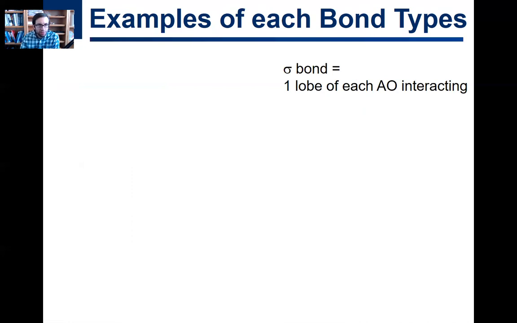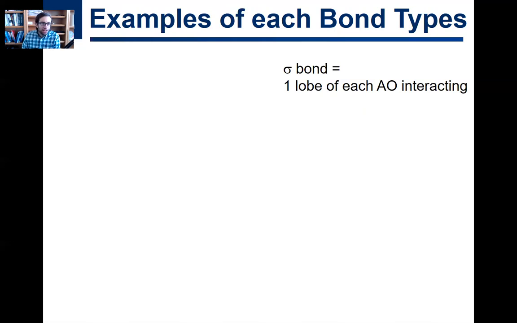It has to do with the number of lobes of each atomic orbital interacting. So you might have certain preconceptions about this. You think of a pi bond in organic chemistry, you typically think of p orbitals, right? I mean, that's really the only thing, since p's and s's are the major players in bonding in organic chemistry.